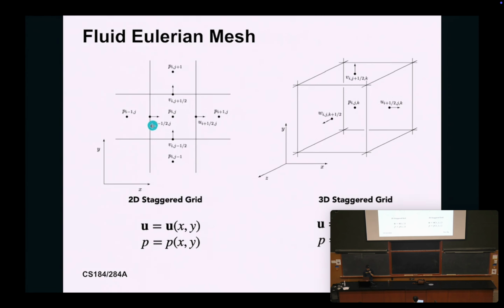Right here you have the u velocity going to the right, v velocity going up, and then pressures in the center of each node. So that's how we capture fluid, for now.